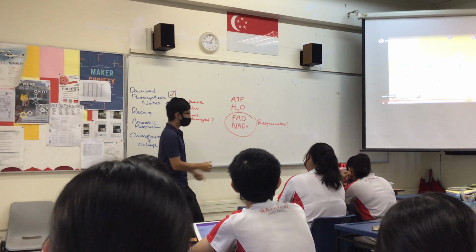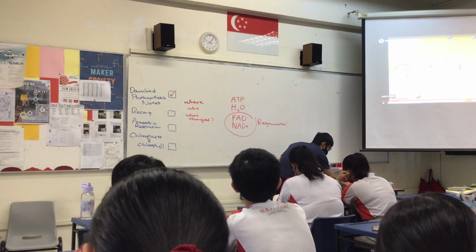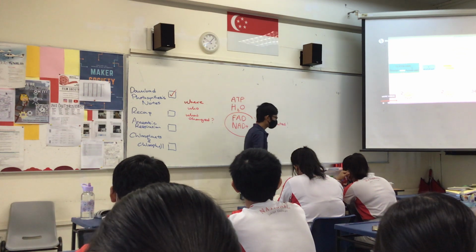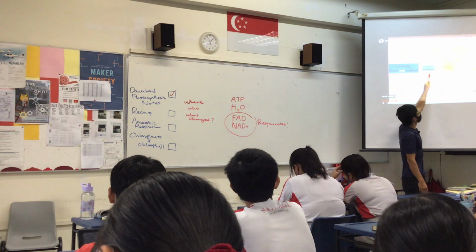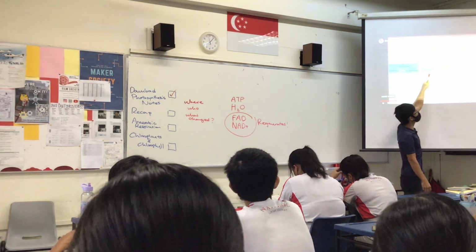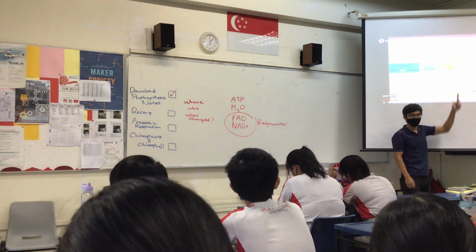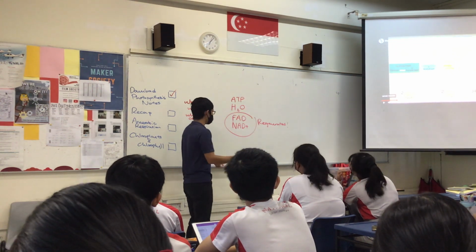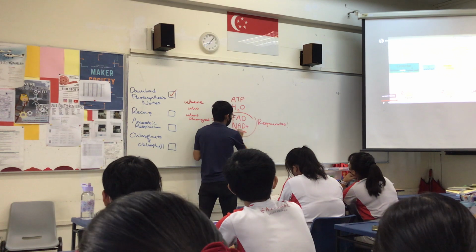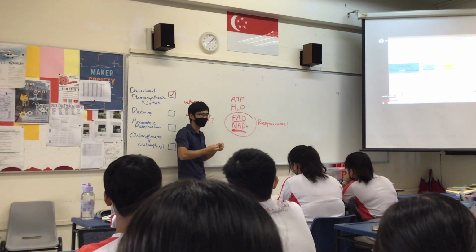Because at the end of the day, when we look at this particular mind map over here, glycolysis, pyruvate oxidation or link reaction, Krebs cycle, they all require one thing to continue functioning. And that one thing would be NAD plus or FAD.